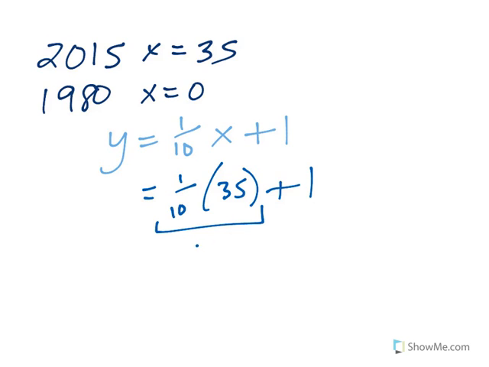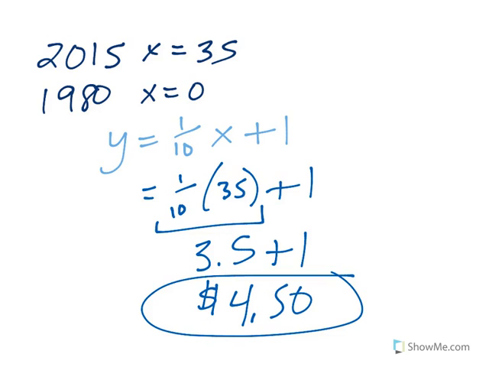When you do this, you get 3.5 plus 1. A pack of cigarettes today, on average, would be $4.50 if this model held true. All right, so sometimes you've got to take the information they give you and put it into words or ordered pairs or something that makes sense in terms of mathematics.